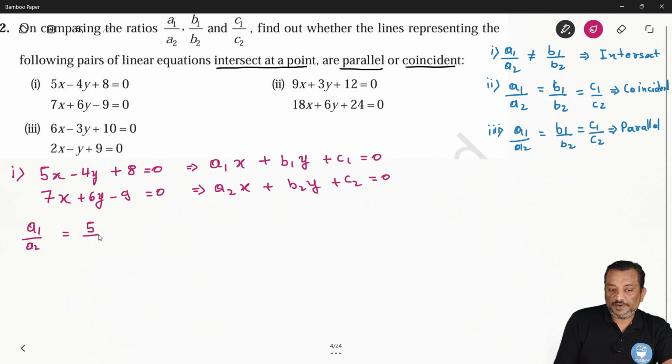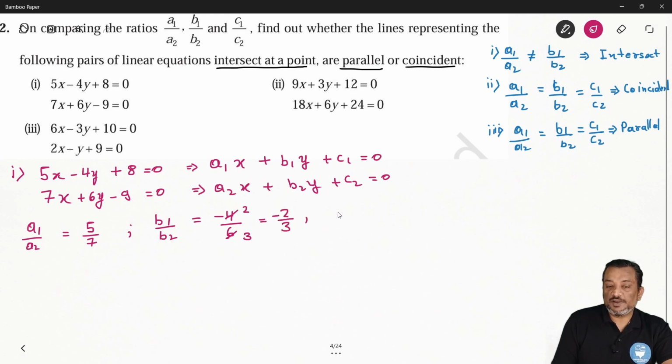So A1 over A2 is equal to how much will you get? 5 over 7. Okay, same way B1 over B2 is equal to minus 4 over 6. Now you can reduce them also. Both are multiples of 2. So you get minus 2 over 3.